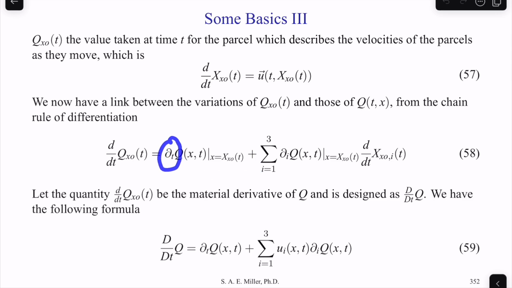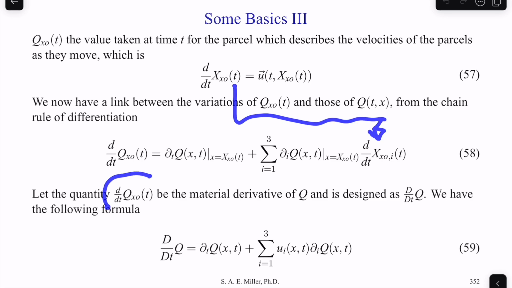So this partial t represents the partial derivative with respect to t, at initial position x equals x naught and t, plus the summation of i equals 1 to 3, where i equals 1 is x, 2 is y, i equals 3 is z, of the partial derivatives, partial i, of Q of x and t at position x and time t, times that velocity, the time derivative of x naught.